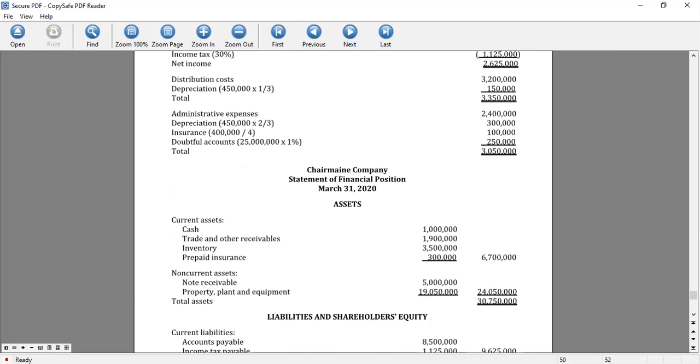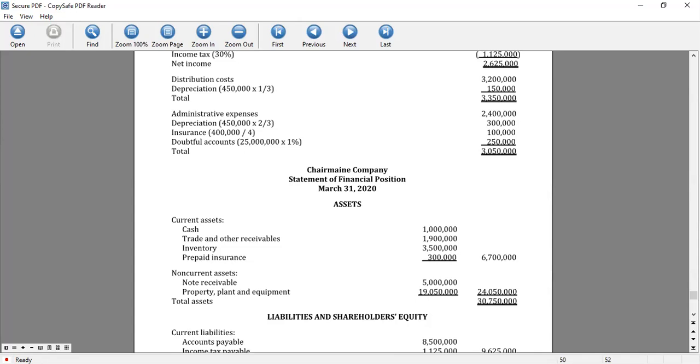So we have current assets given in the problem, current assets of 1 million. Then we have accounts receivable, trade, and other receivables. So we have now your accounts receivable in the amount of 2 million.